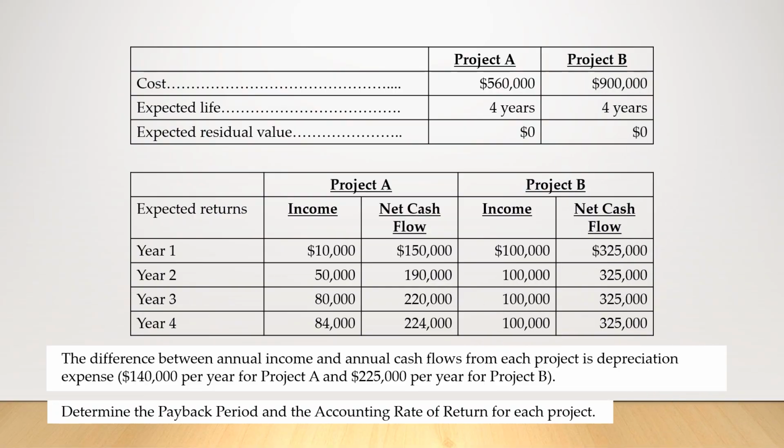We'll start on page 1. Let's apply some investment analysis to the following two projects, A and B. In the top table, you see the respective costs, expected lives, and residual values.